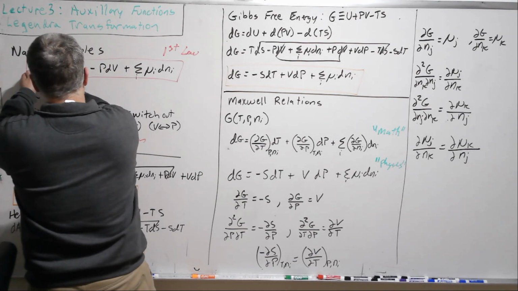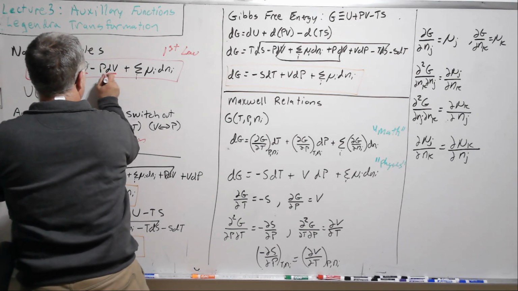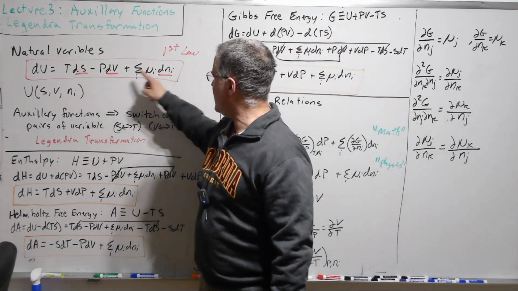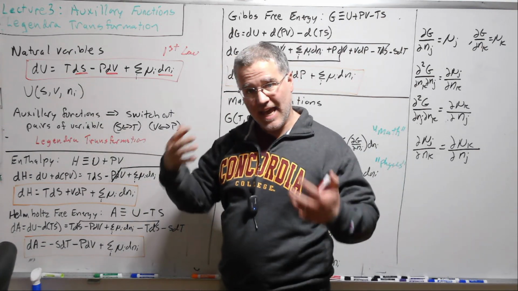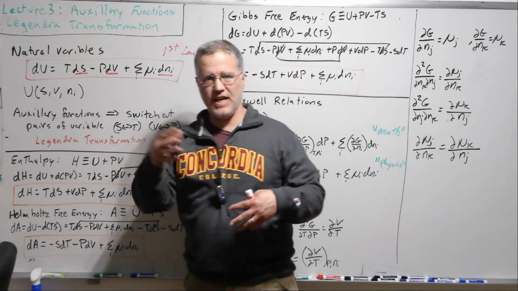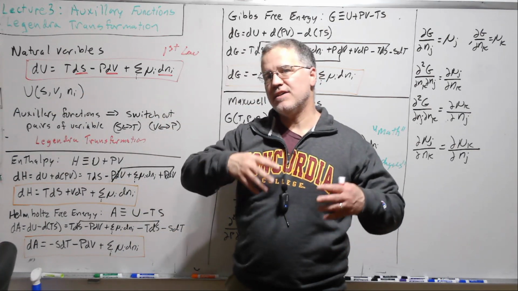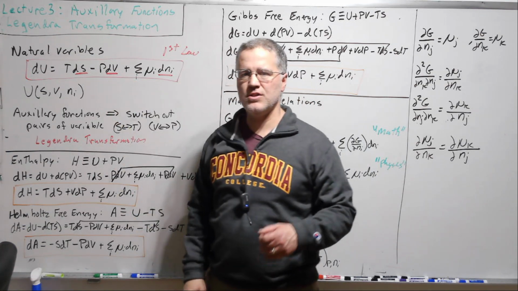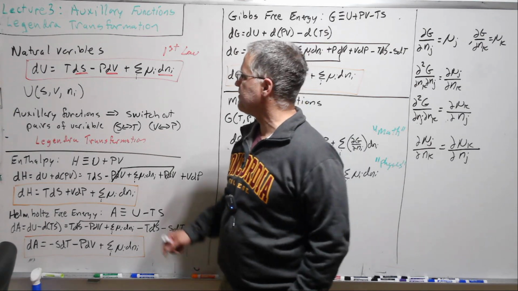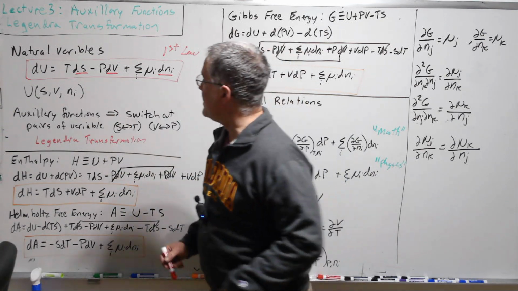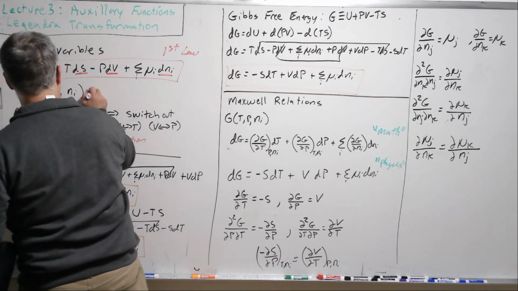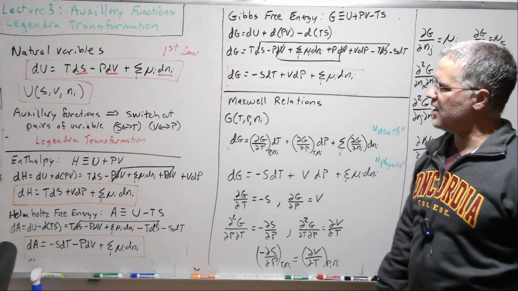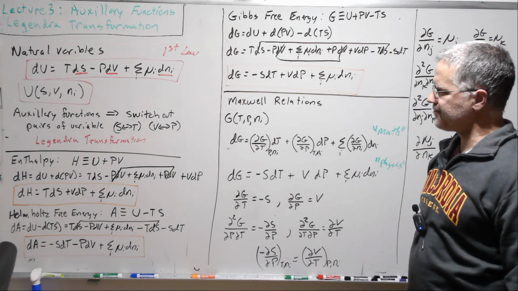This is most naturally expressed as a function of independent variables S, V, and N. We certainly can write U as a function of any of these variables, but the equation gets more complicated. So the natural variables are the ones which give the most simple expression of the quantity. And so for total internal energy, it is S, V, and the number of moles that are the natural variables.